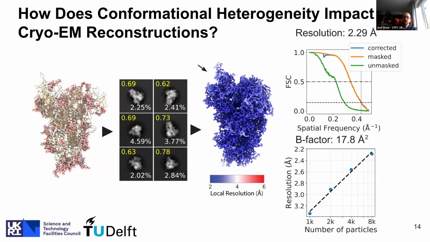This is a correlation coefficient between successive spherical shells in Fourier space. By convention, the value of the spatial frequency where the Fourier shell correlation crosses 0.143 is taken to be the global resolution of the map reconstructed from your whole data set. In this case, we find a global resolution of 2.29 angstroms for this single conformation data set.